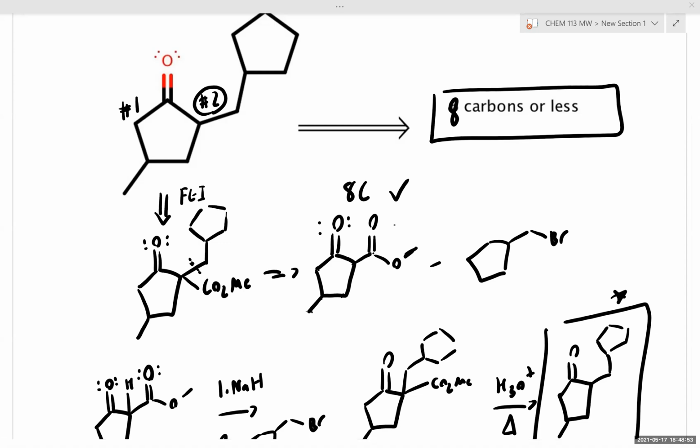If you wanted to do it from 6 carbons or less, you'd have to use conjugate addition chemistry. You can also make this using a Claisen reaction.